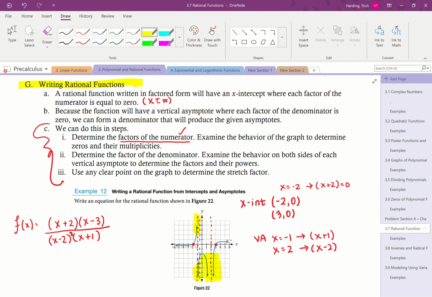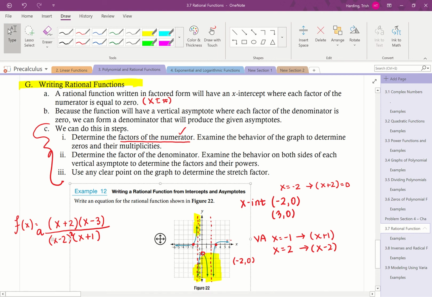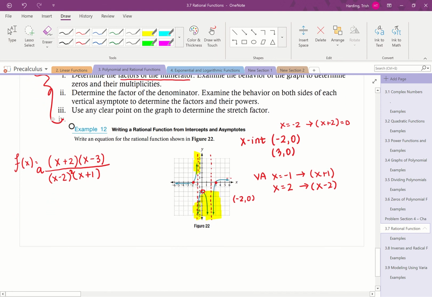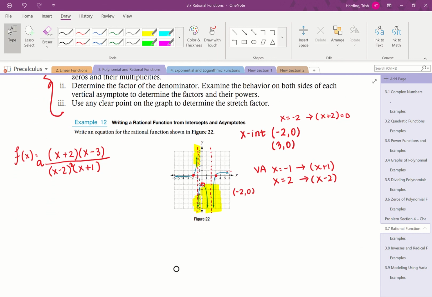So we also have a y-intercept right here. So the y-intercept is going to be (0, -2). Now there is always a stretch factor, so there will always be an a that we will need to figure out in front of these. And I'm going to do that using this.